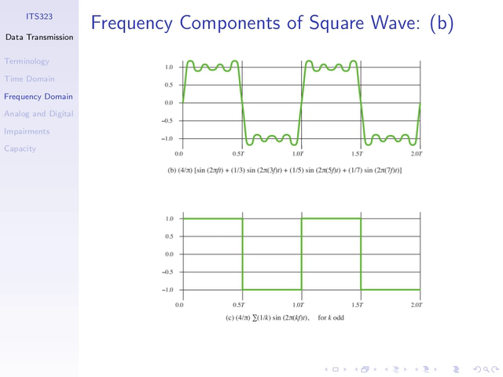The top one here has 4 components. The bottom one here has an infinite number of components. And we get our digital wave here. This is illustrating that by combining sinusoids together, we can create any signal that we like.